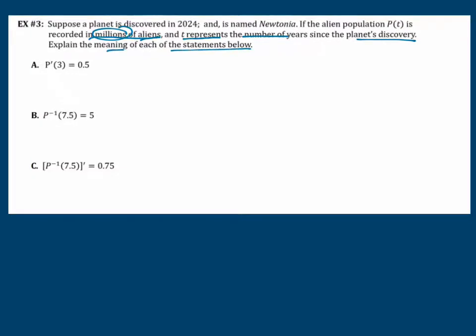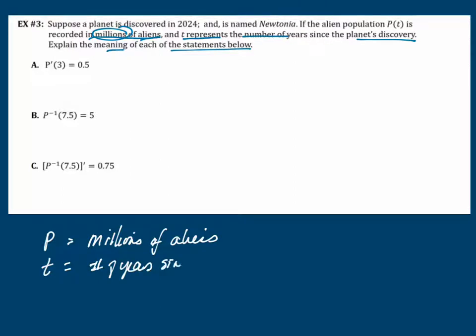Before we even start, let's say what P equals: the millions of aliens, and T equals the number of years since 2024. All right, now that we've got that established, let's talk about this.